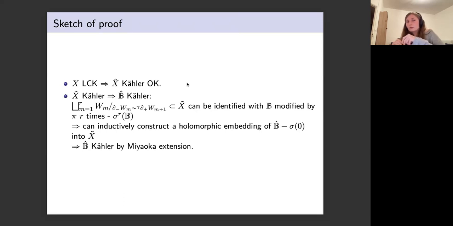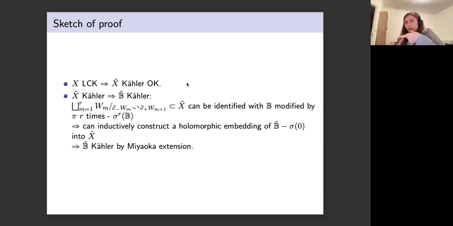So, you can do this attentively, but the point is to understand geometrically what happens with your universal cover. Your universal cover is Z copies of this modified ball minus sigma of B. You can think of it as modifying some domain, just a ball, an infinite number of times.